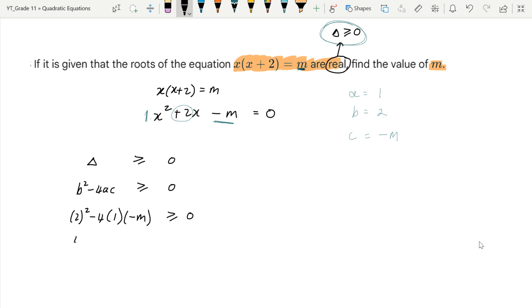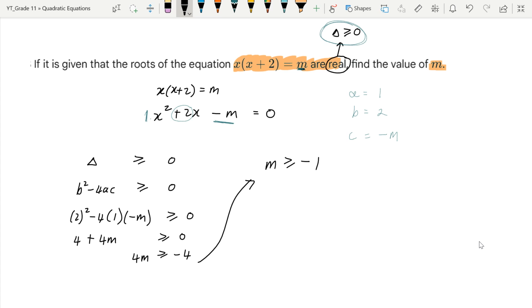Let's simplify. When I multiply all of that out, it will give me 4 plus 4m, and that will be bigger or equal to 0. A linear inequality that we need to solve. So 4m will be bigger or equal to negative 4, taking that one over. Now I'm going to divide both sides by 4. I'm going to land up with m is bigger or equal to negative 4 divided by 4, which is negative 1.